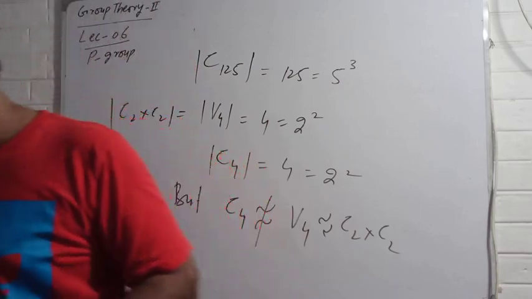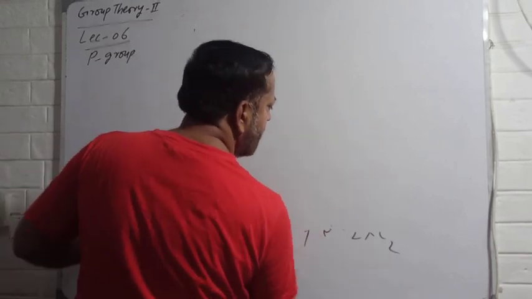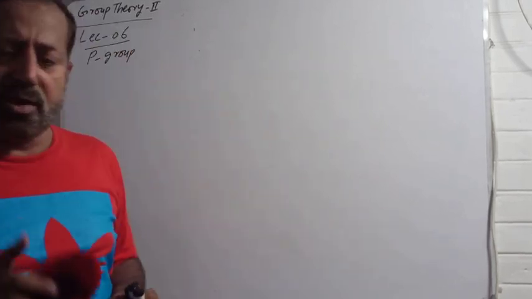Okay, next: you cannot say that any two p-groups of the same order are isomorphic to each other. No, we can never say. Like in cyclic groups, we love to say that any two cyclic groups of the same order are isomorphic to each other.